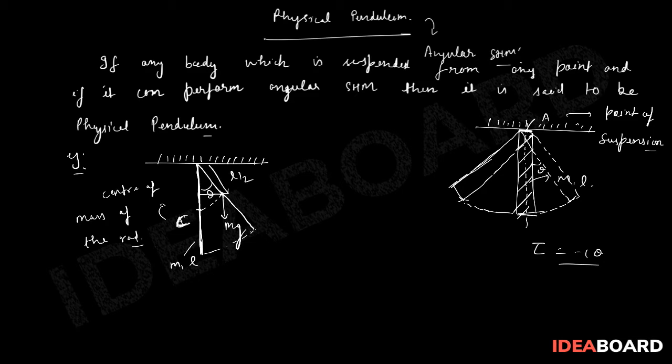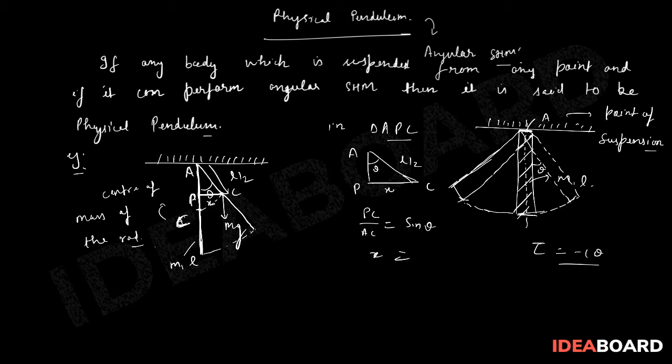If you draw the perpendicular here, let's say P, in triangle APC, this angle is theta, let's say this distance is x, and this one is l by 2, this is AC, this is PC. So we can write PC upon AC is equal to sine theta, or PC will be equal to x, AC is l by 2, so l by 2 sine theta.